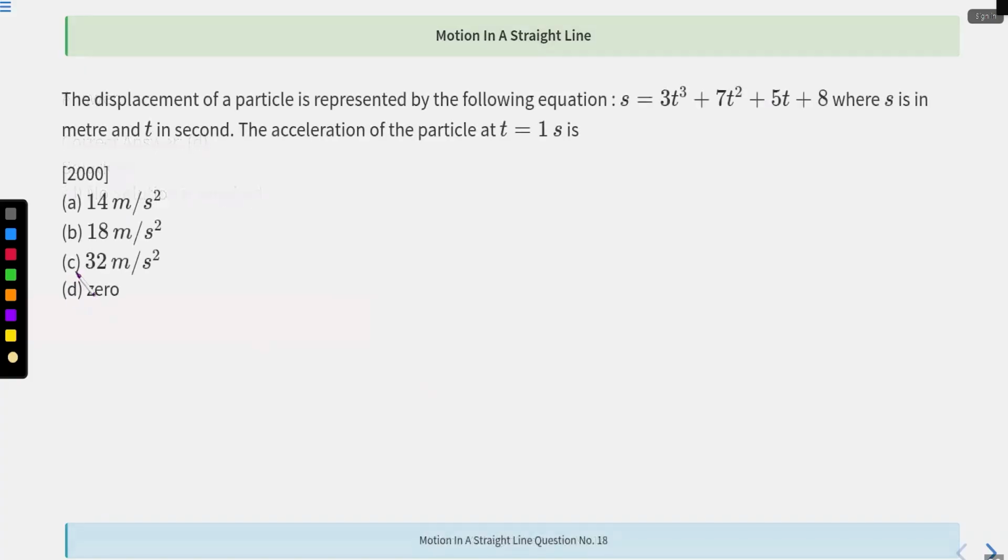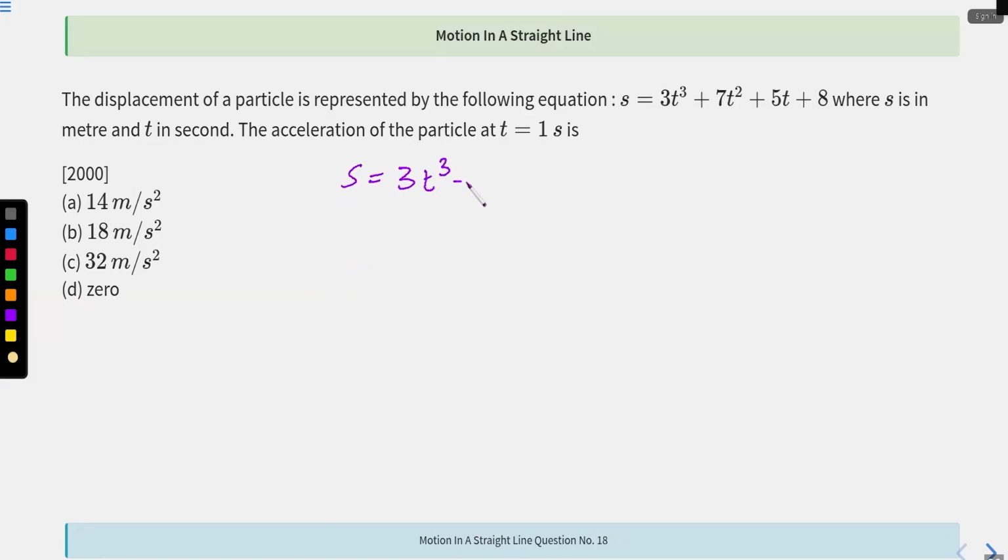Direct option. The displacement of a particle is represented by the following equation. So this is the displacement. Let's see what we have in this question.